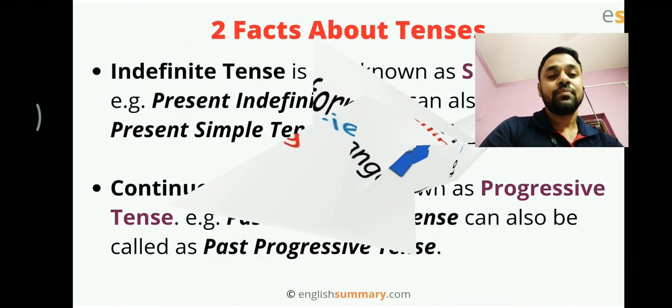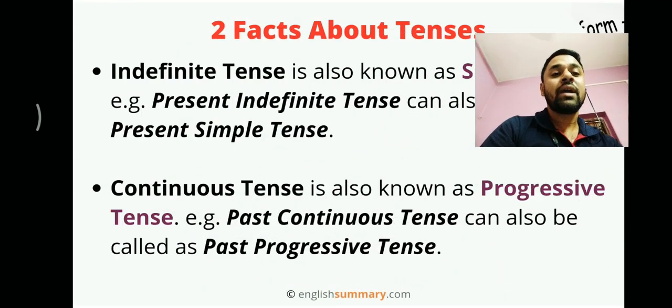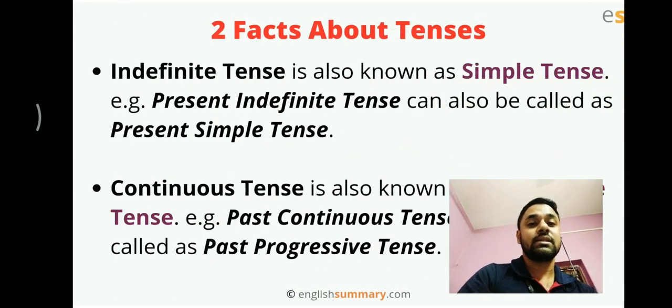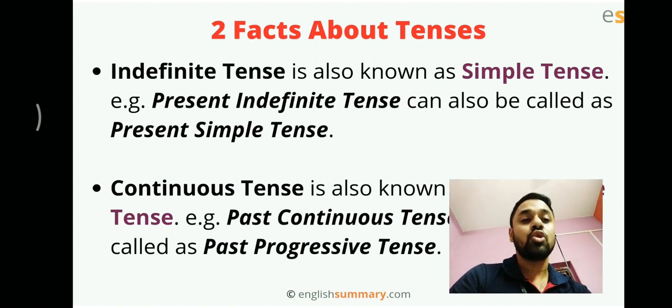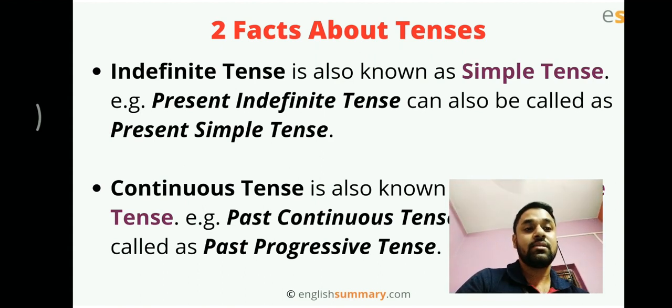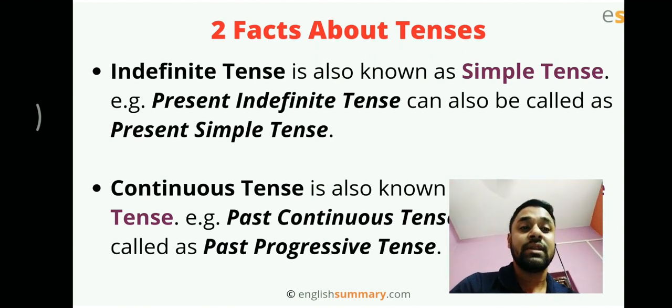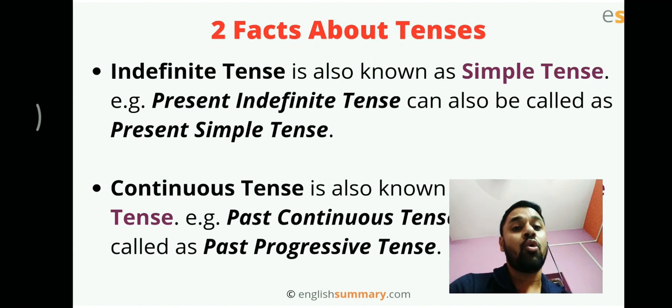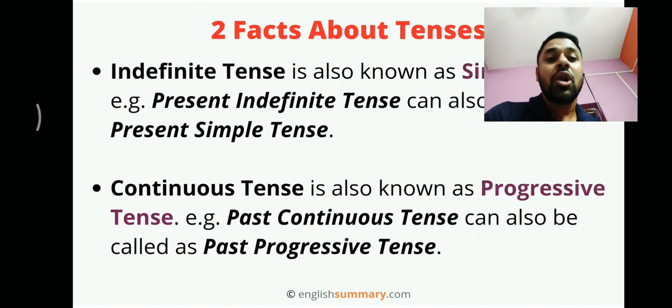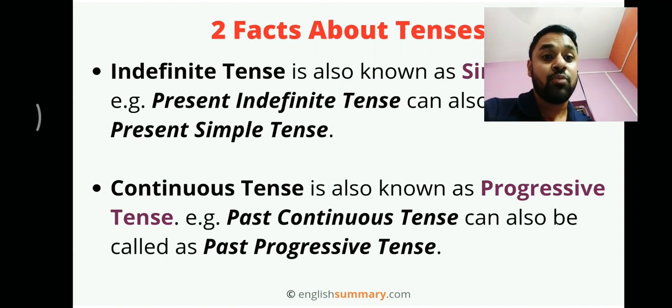Okay, next, facts about tenses. Now indefinite tense is also known as simple tense. Present indefinite tense can also be called present simple tense or simple present tense. Continuous tense is also known as progressive tense.